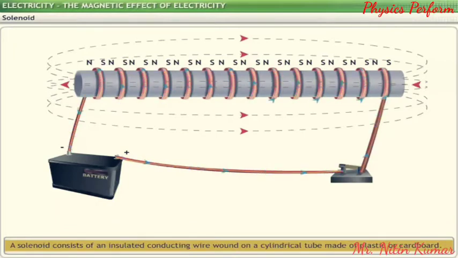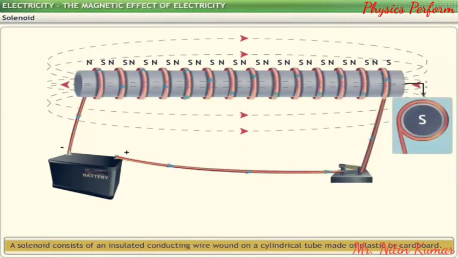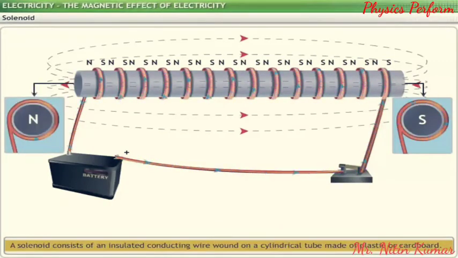All the tiny magnets in the solenoid together behave like a bar magnet. The end of the coil, at which the current in the coil is in a clockwise direction, develops south polarity, while the other end, where the current in the coil is in a counterclockwise direction, develops north polarity.